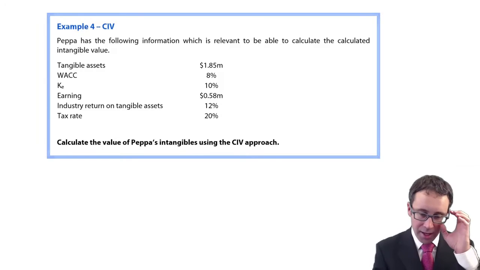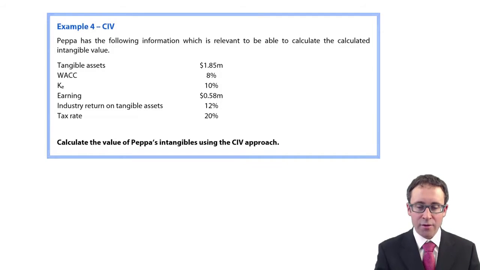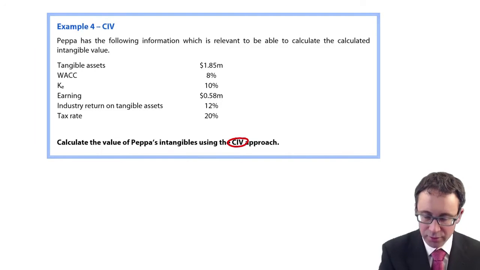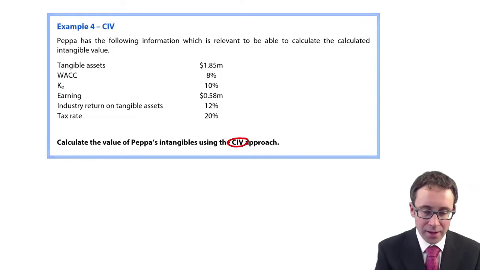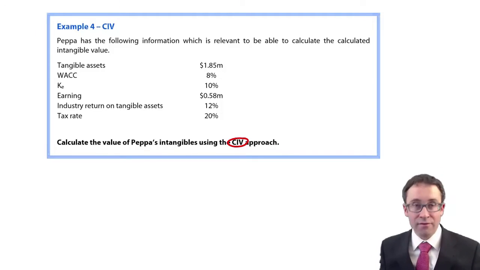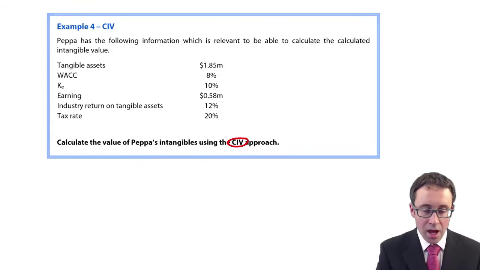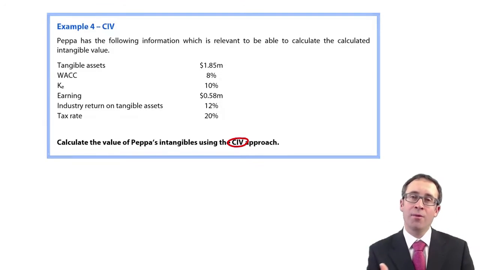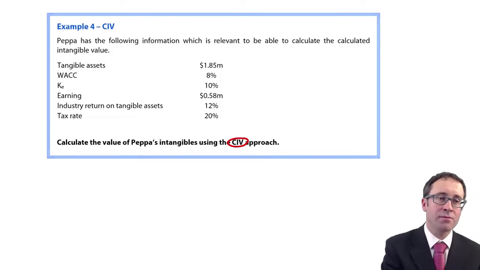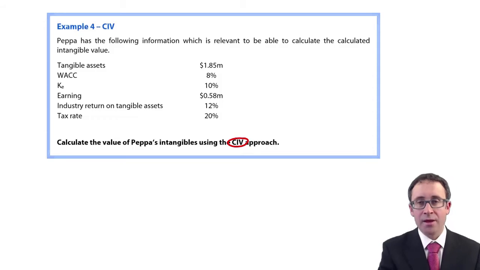So what have we got? It goes through there and says calculate the value of Pepper's intangibles using the CIV approach, the calculated intangible value. And what you can see there is that Pepper has some tangible assets of 1.85 million, is it, as I find my calculator. A WACC of 8% and a cost of equity of 10%. So don't forget, when we're working out the excess earnings, they then need to be discounted back to present value.